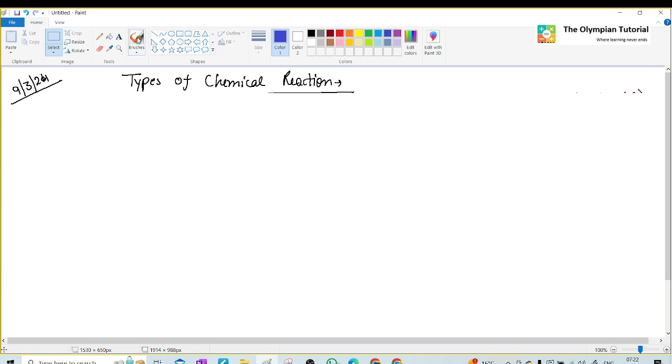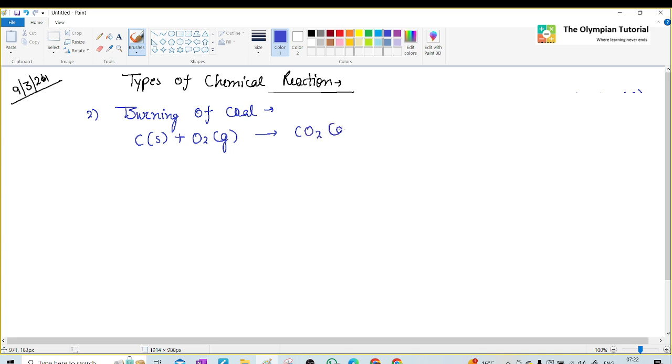Now, more examples of combination reaction. Second example is burning of coal. In burning of coal, carbon that is solid plus oxygen that is in gaseous state gives carbon dioxide gas.